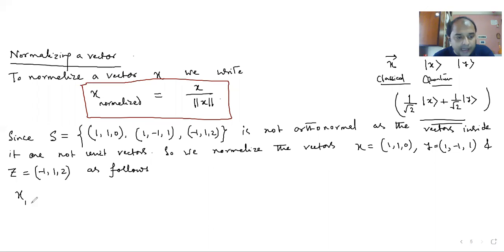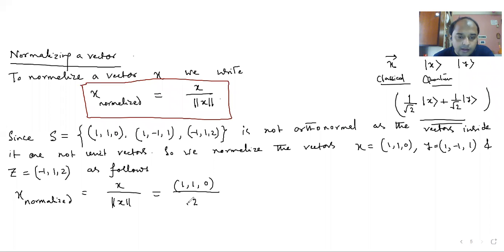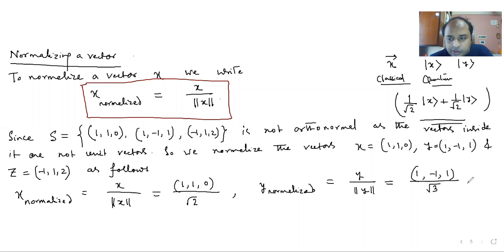So x normalized in this case will be the x vector by the norm of x. What is the x vector? X vector is 1 1 0. What is the norm of x? Norm of x is root 2. Y normalized will be y by norm y, and we can write it as 1 minus 1 1 by root 3.